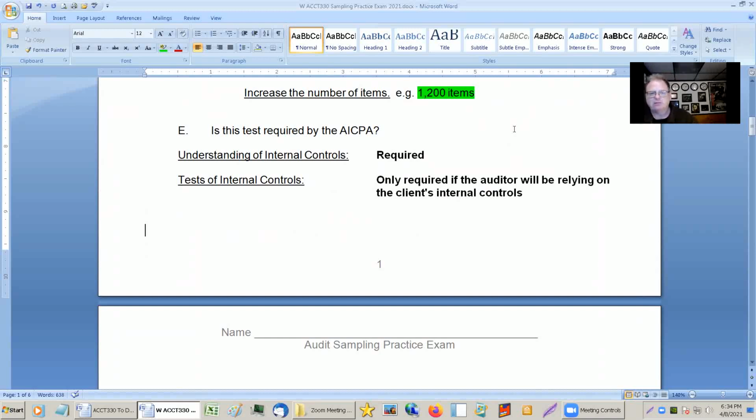I'm going to put one more thing here and say that they are required for publicly traded company issuers.